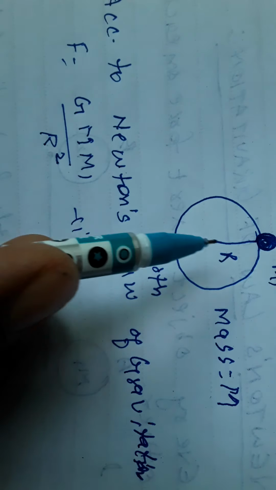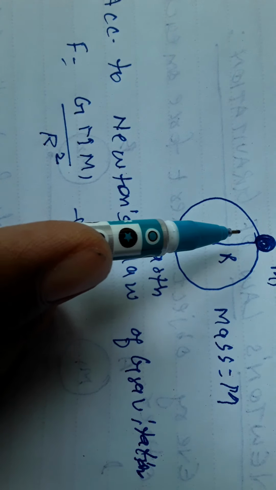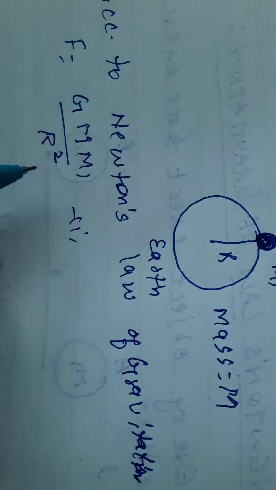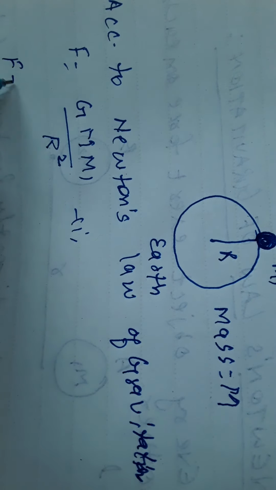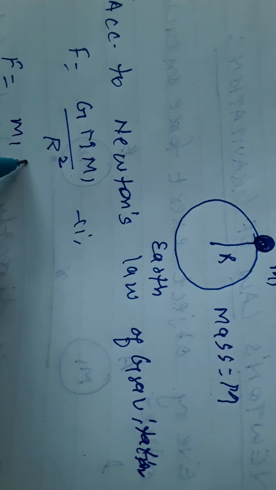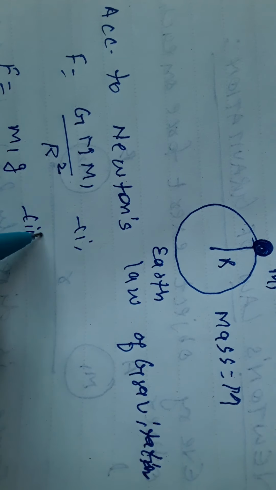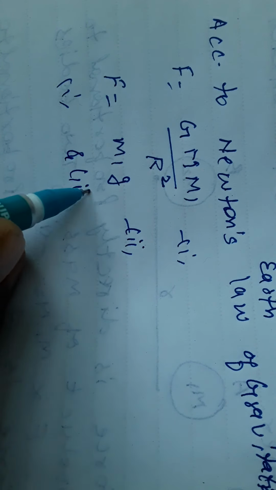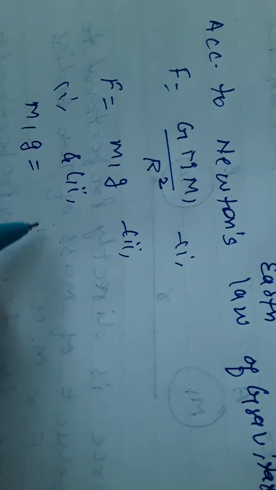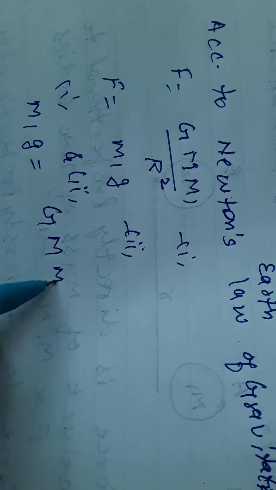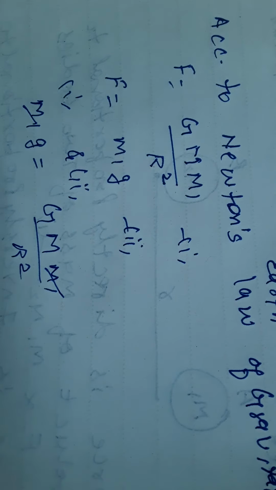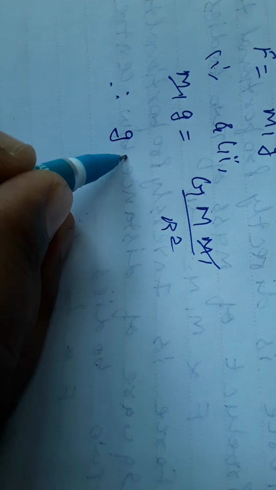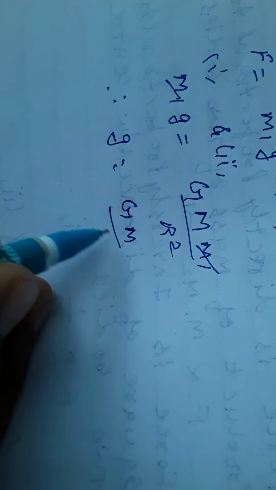If the object is placed on the surface of the Earth, then Earth exerts force on that body, and this force is F equals m1 g, equation number second. Now from equation first and second we can write m1 g equals G M m1 upon r square. m1 will be cancelled, so therefore we can write small g is equal to G M upon r square.